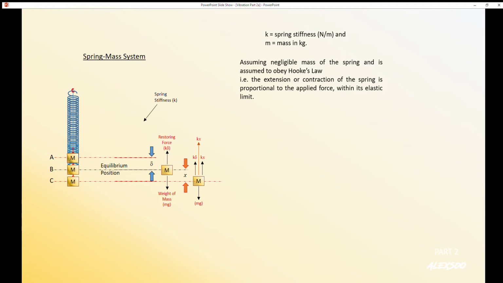Assuming a negligible mass of spring and that it obeys Hooke's law, then the extension or the contraction of the spring is proportional to the applied force within its elastic limit. Since K is a constant, the extension or contraction is directly proportional to the force that is applied.